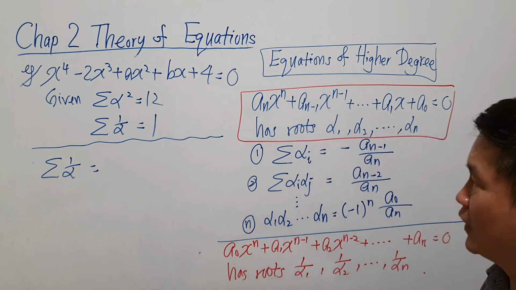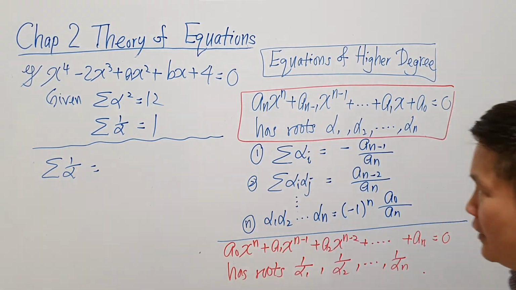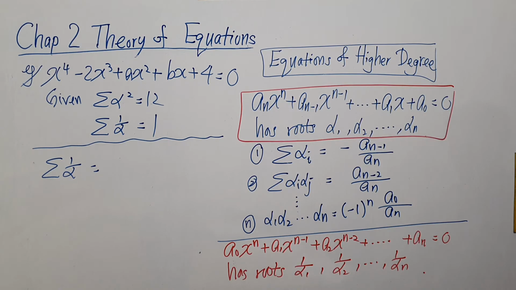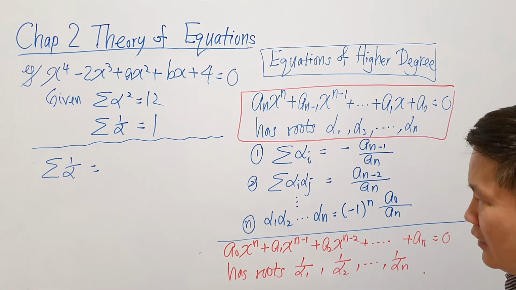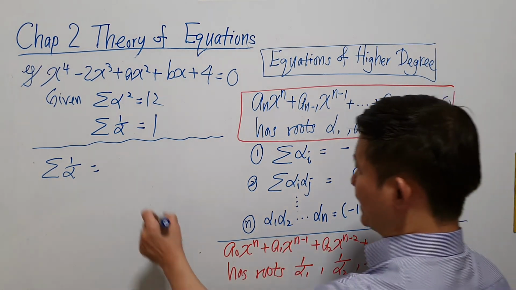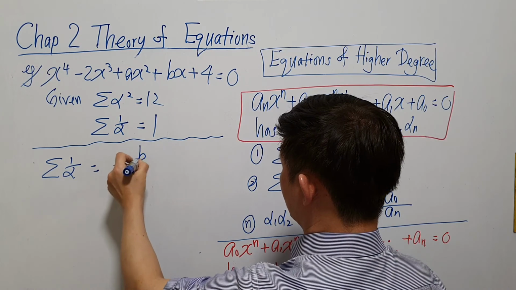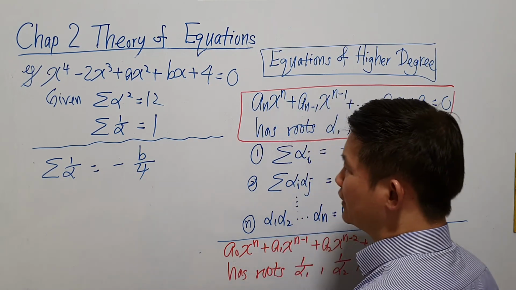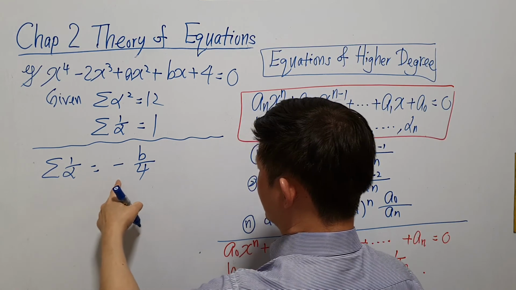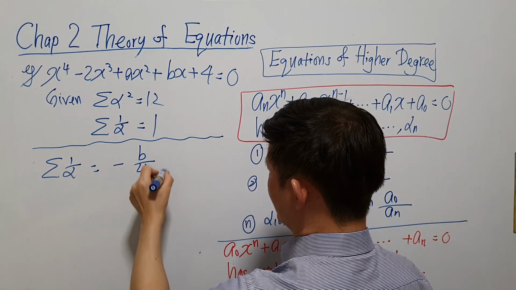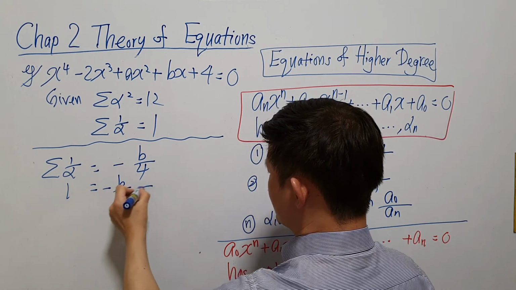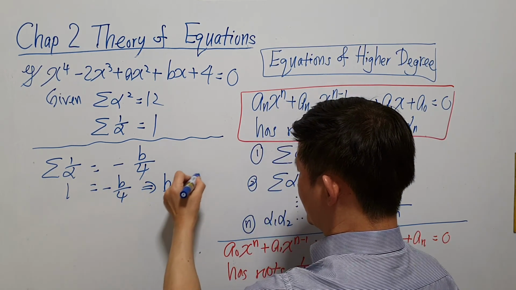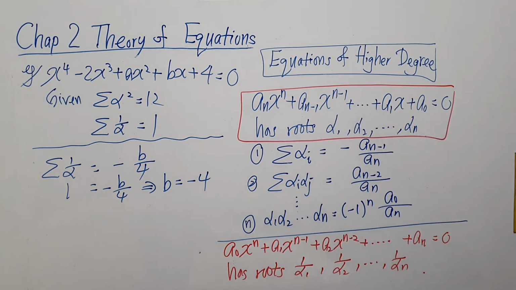If I reverse the coefficients to get the equation whose roots are the reciprocals, then this becomes the first coefficient, this becomes the second, and the sum of the roots will be minus the second over the first. So minus b over 4 is equal to 1, so b is equal to minus 4. That settles b.